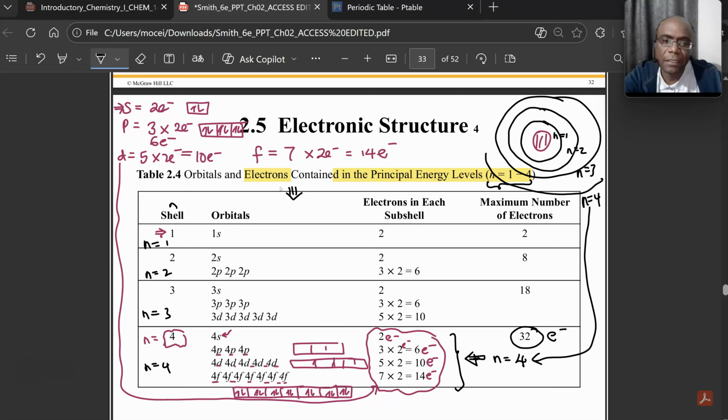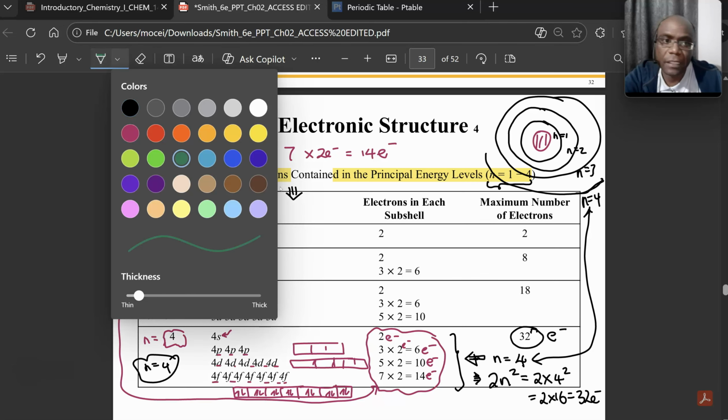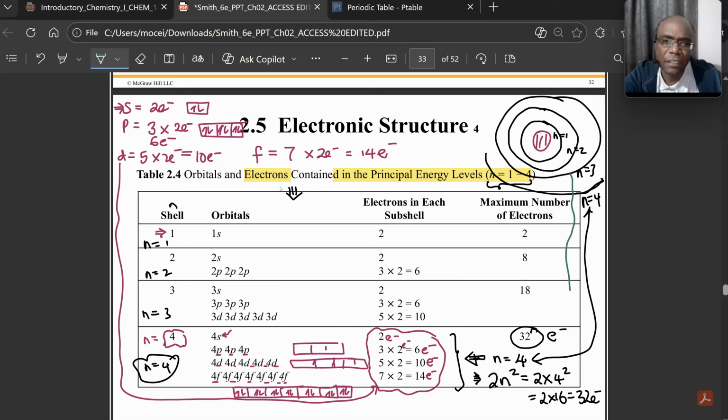Now, since n is equals to 4, 2n squared can also predict to us the number of total electrons in it, where n equals to 4, that is 2 times 16 equals to 32 electrons. So the fourth shell, which is the fourth level from the nucleus, n equals to 4, carries a maximum of 32.